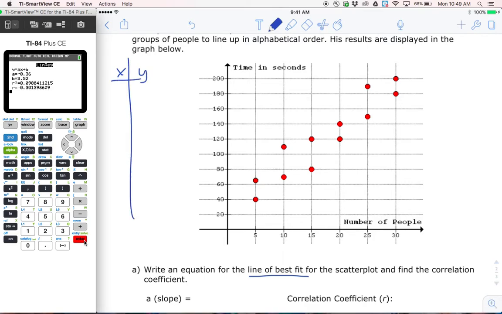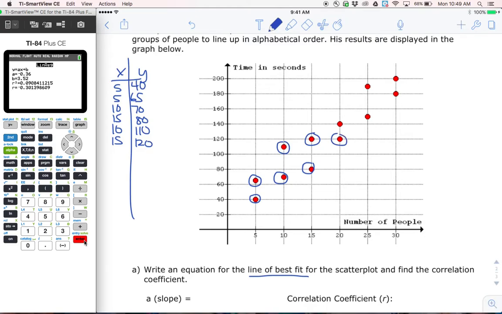So we've got 5, 5, and 5, 10, and 10, 10, and 10, 15. Oops, I forgot this one. This one is going to be 10. That one will be 15, 15.